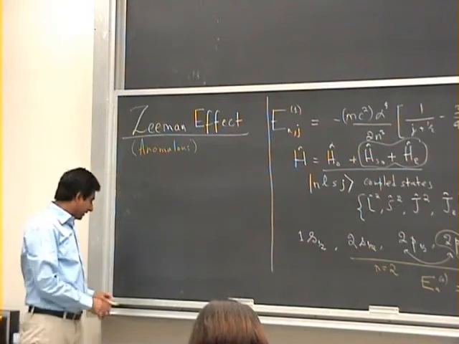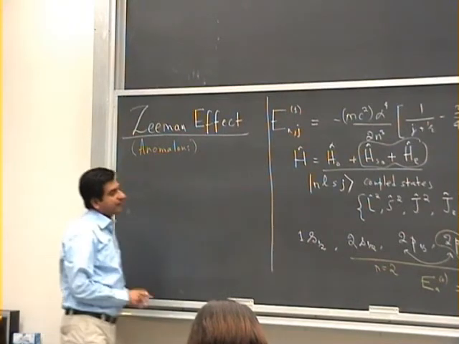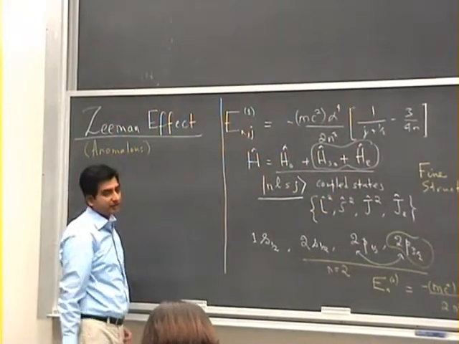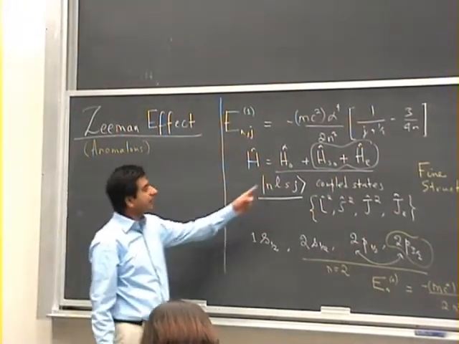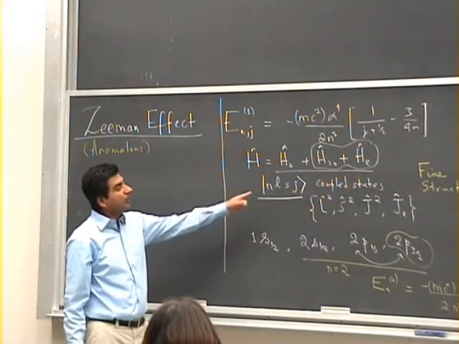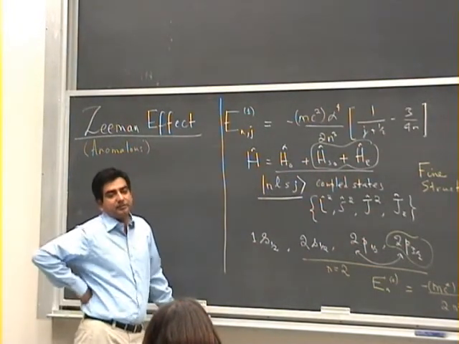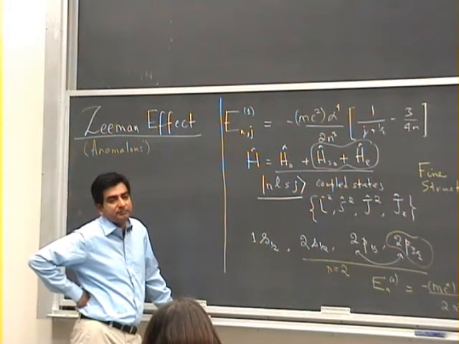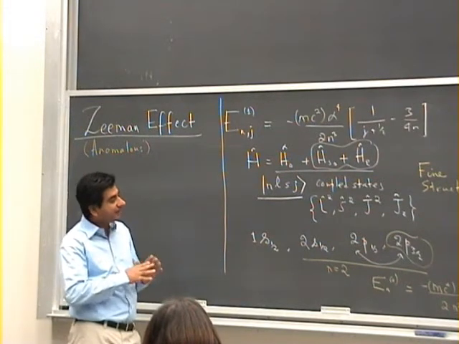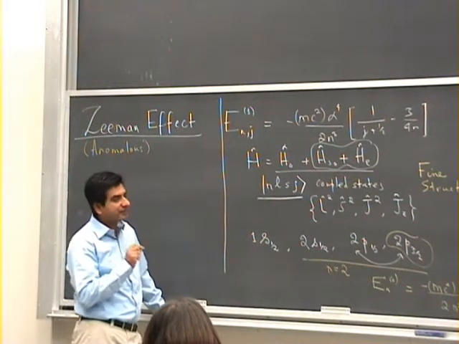Now my first question is that this quantum state, n l s j, which is defined by these labels, is a coupled state. It's an eigenstate of H0, of HR, as well as HSO. What's the degeneracy of this state? Is there an internal structure within this state?